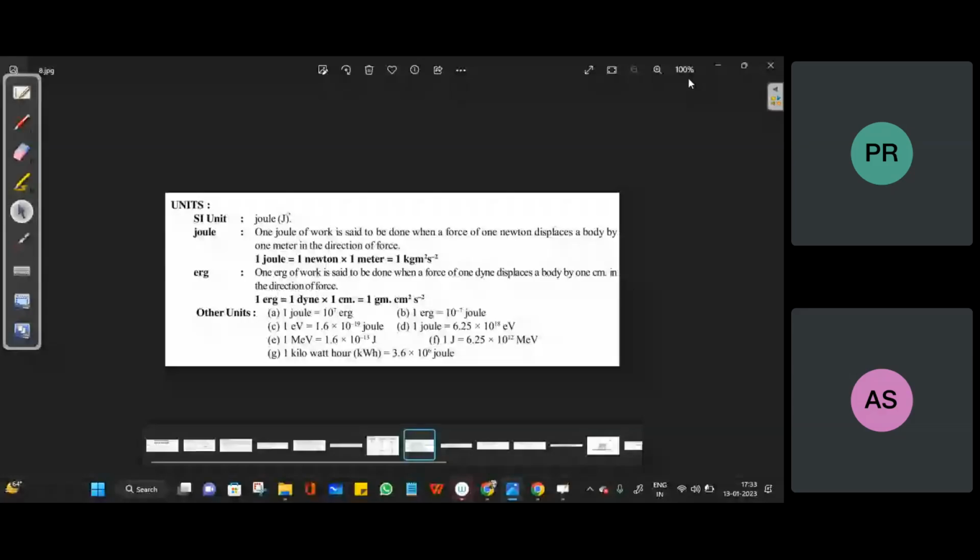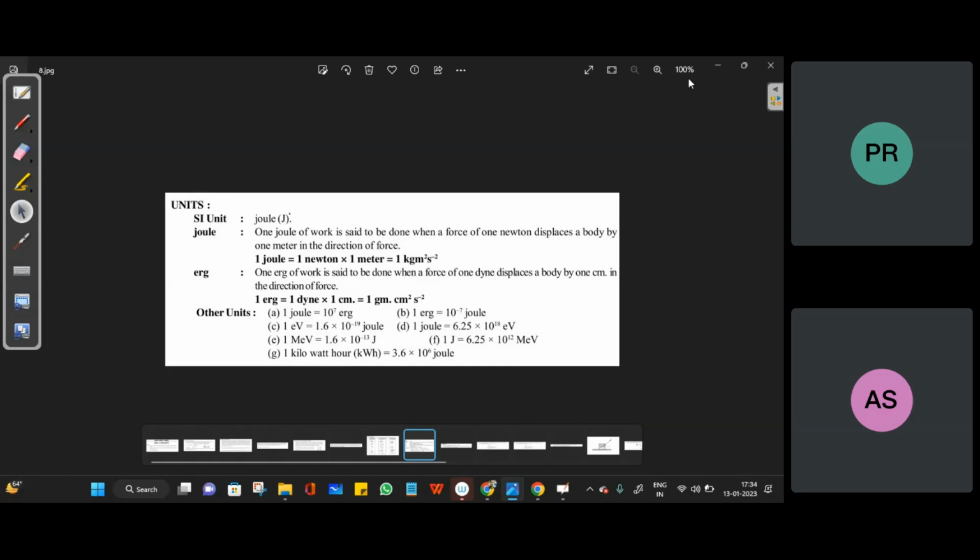Now here you can see the units. Work, you already know, is the dot product of force and displacement. Its unit will be the unit of force multiplied with the unit of displacement.